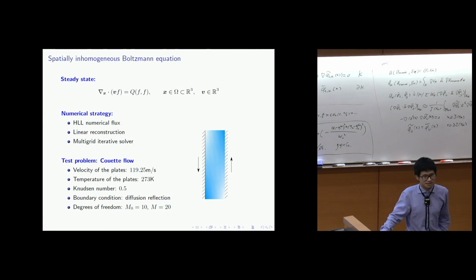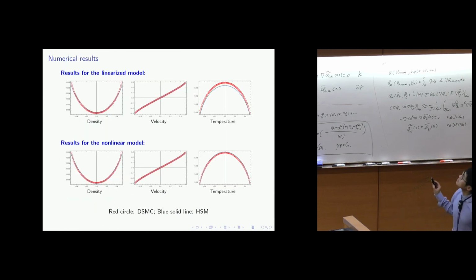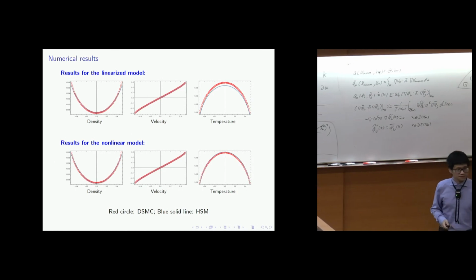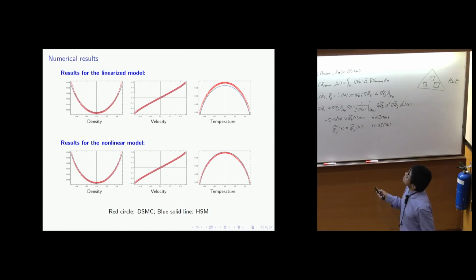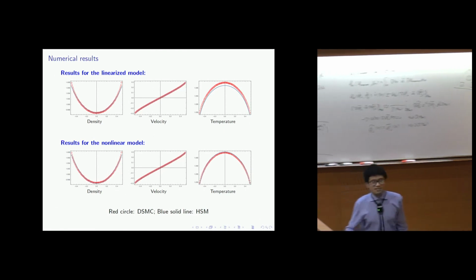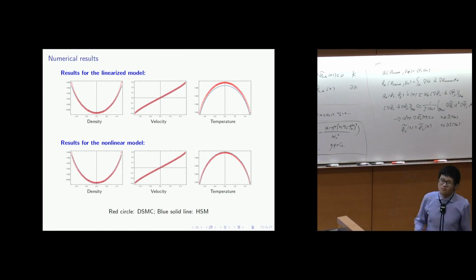What's the reason the temperature is not good enough for the linear model? So the nonlinear model is better. This is just because the original Boltzmann equation is nonlinear. And this linearized model means that we first linearize the original Boltzmann equation.